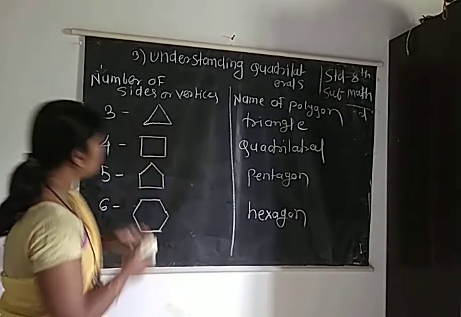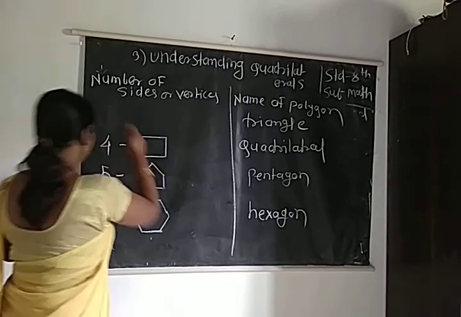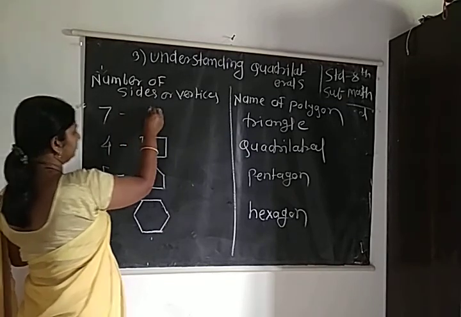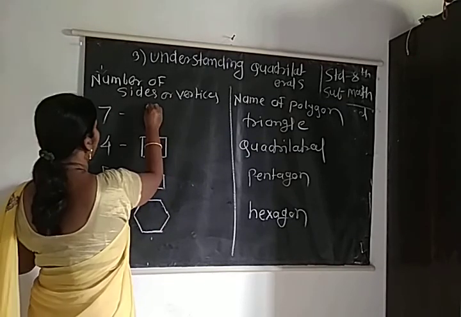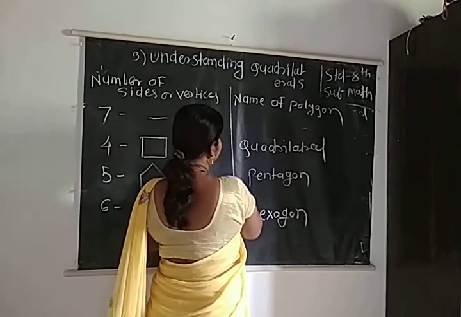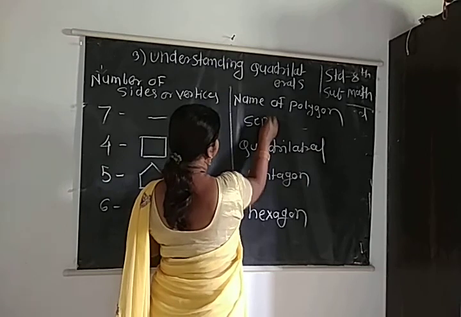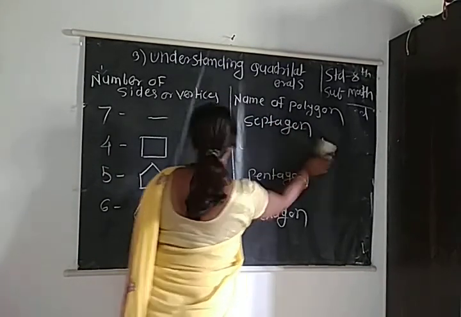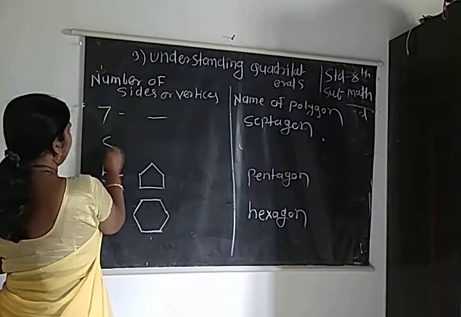Now the next type is the 7-sided figure. So this is the 7-sided polygon. You can draw this figure. This is called a septagon. And next is the 8-sided polygon.